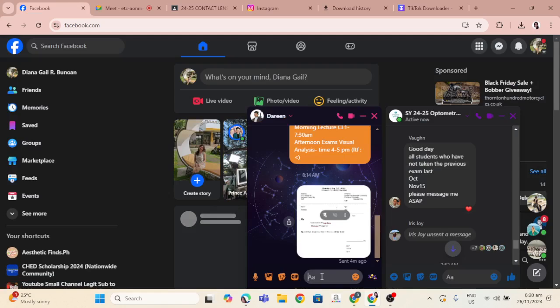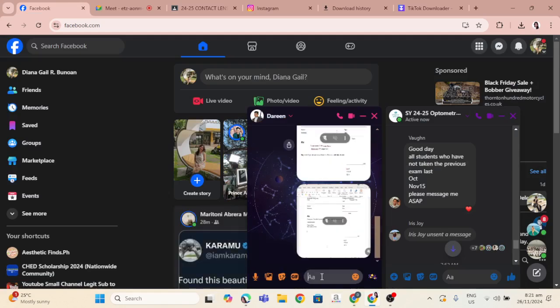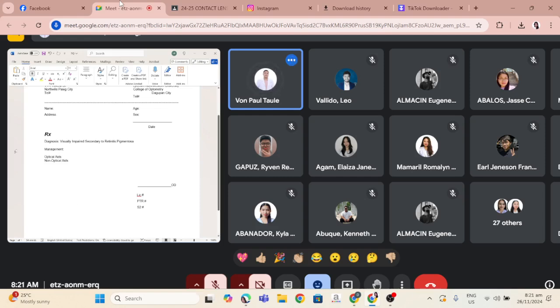After the LTO number, doon na din yung patient's information, the date of examination, and the specifications for your contact lens. The specifications will include the power, of course.